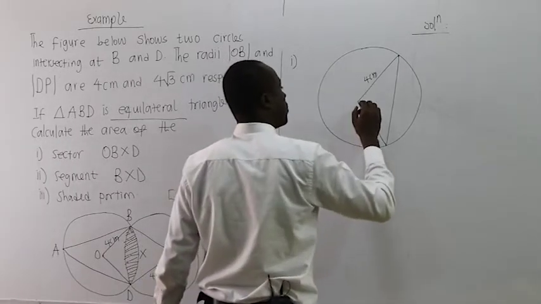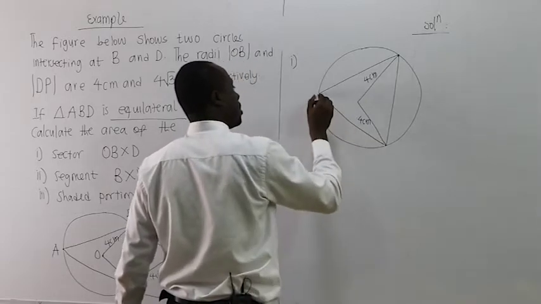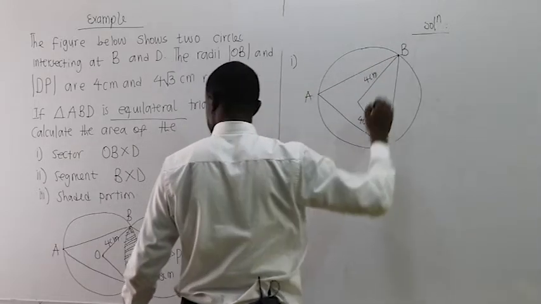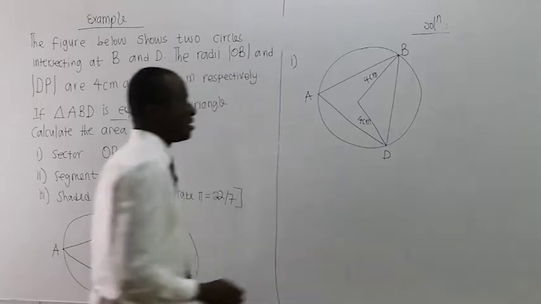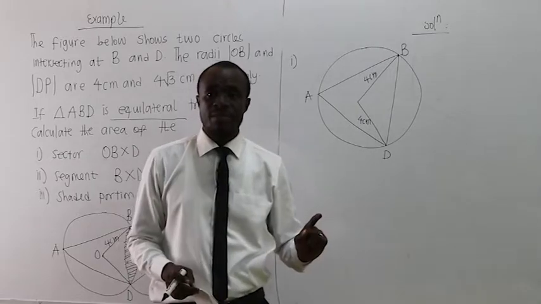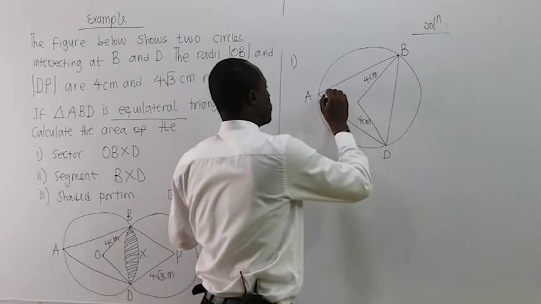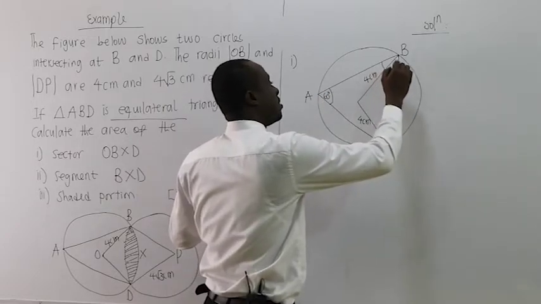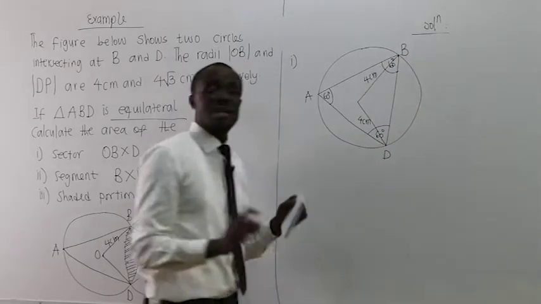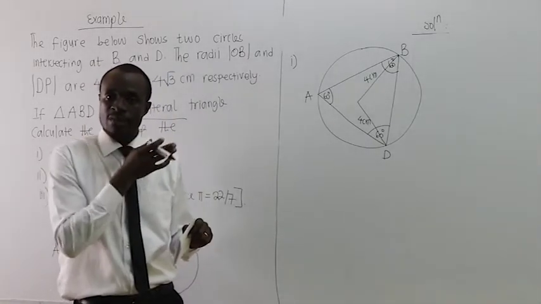We don't know the angle, and the same chord subtends an angle over here. Now this is A, this is B, and this is D. We are being told that ABD is an equilateral triangle. Hence the angle here is 60, this is 60, and the angle here is also 60 degrees. All the sides are equal and all the angles too are equal.